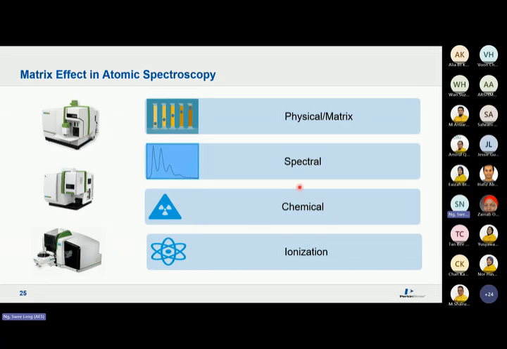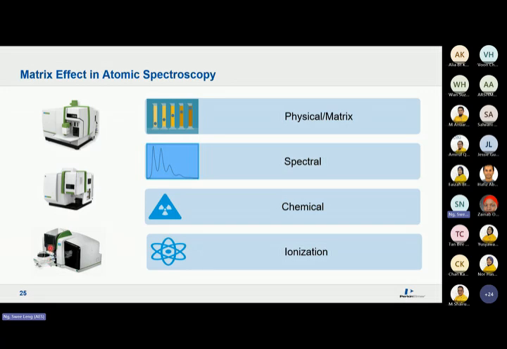So normally the chemical effect will be much more on the AA, because just now you already heard the plasma has 10,000 Kelvin. The only thing is that in AA, in the graphite, you only have 2008, and in the flame, you only have 2005.